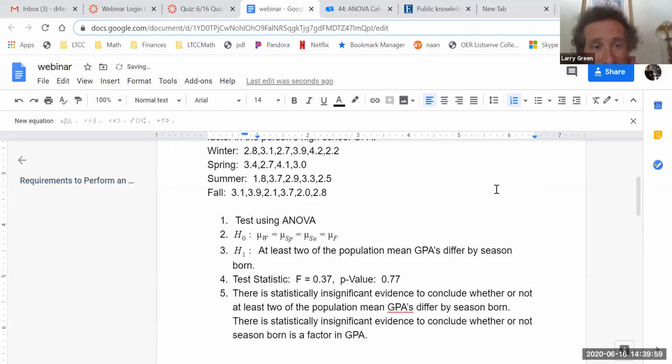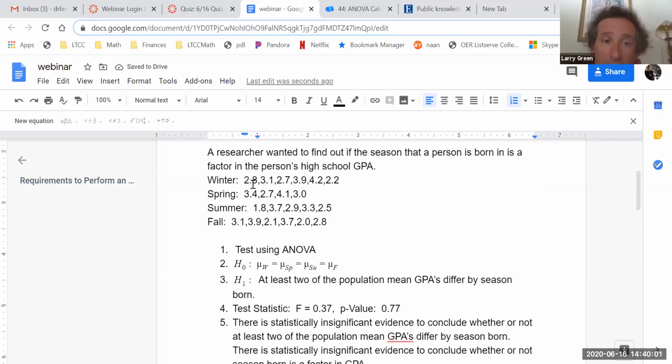So first thing in this example, none of them are approximately normal because their sample sizes are so small, and I would guess that GPA is not a normal distribution. I know it isn't actually. I've been teaching a long time. So GPA is not a normal distribution. There's all kinds of problems with this.